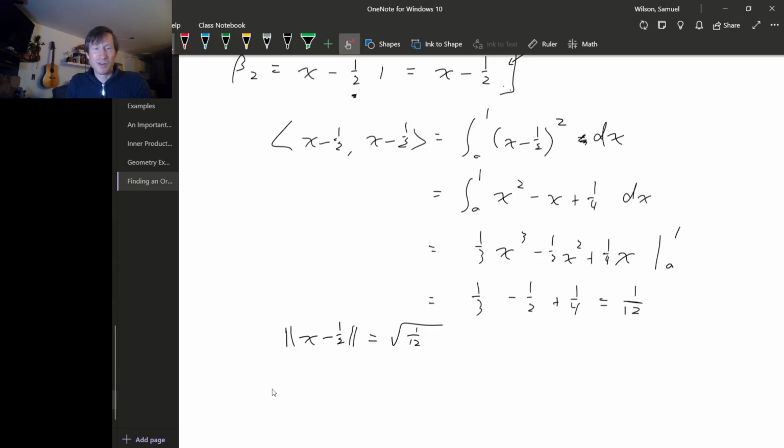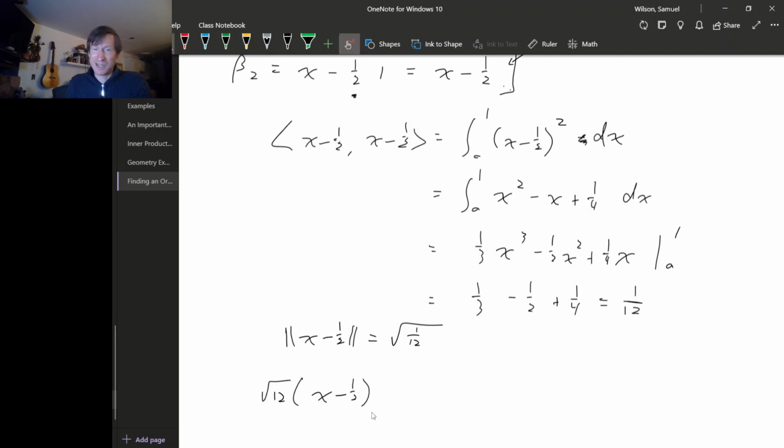And so the second element in our orthonormal basis is going to be x minus a half divided by its own norm. The reciprocal of this is the square root of 12.